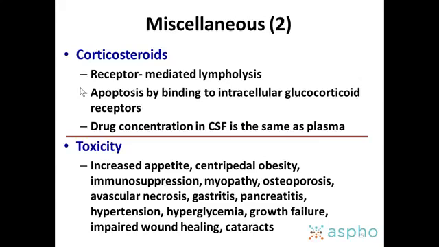The other important point to note is that the drug concentration in the CSF is the same as the plasma. So steroids are generally very good, and that's one of the other reasons why steroids are used in the treatment of leukemia, and one of the reasons why dexamethasone is superior to prednisone is because of the CNS penetration.